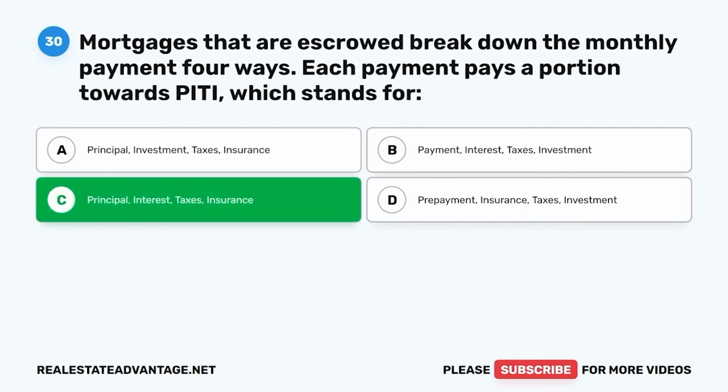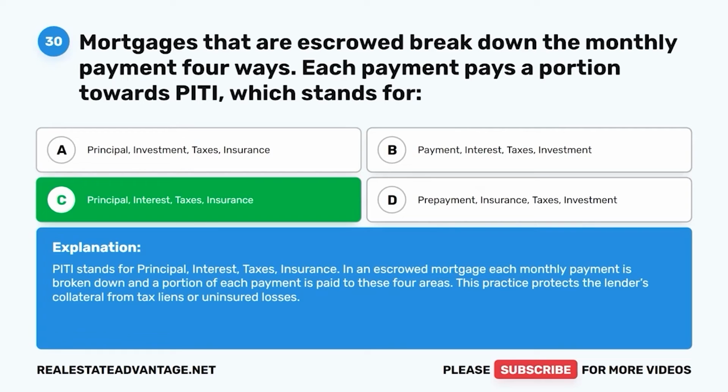The correct answer is C. Principal, interest, taxes, insurance. PITI stands for principal, interest, taxes, insurance. In an escrowed mortgage, each monthly payment is broken down and a portion of each payment is paid to these four areas. This practice protects the lender's collateral from tax liens or uninsured losses.